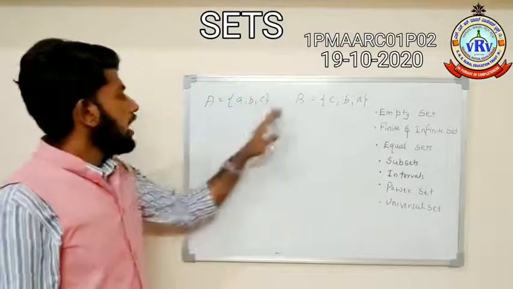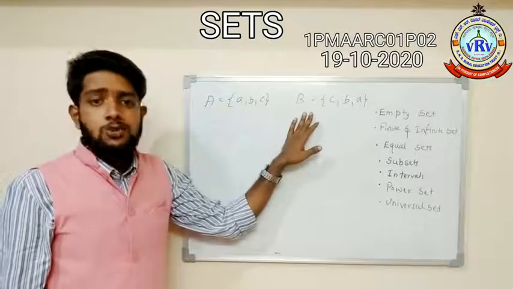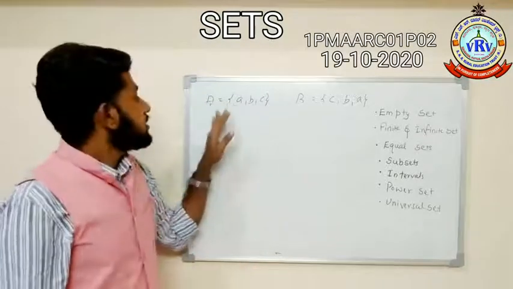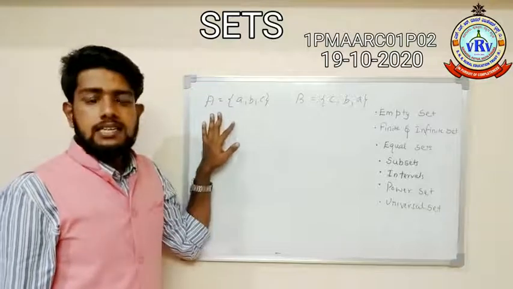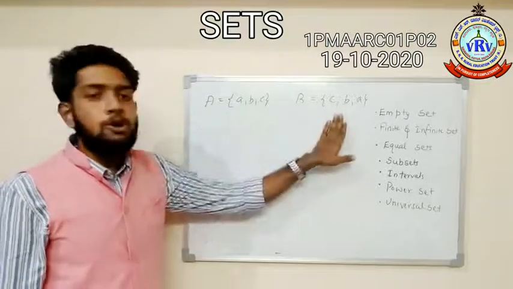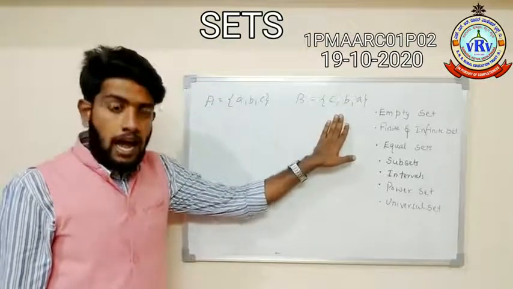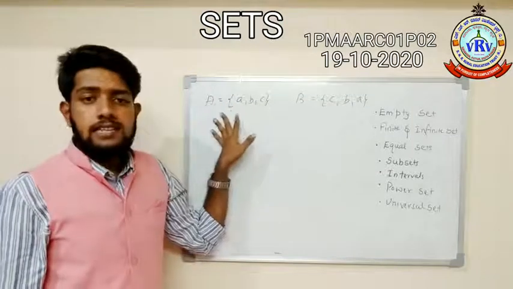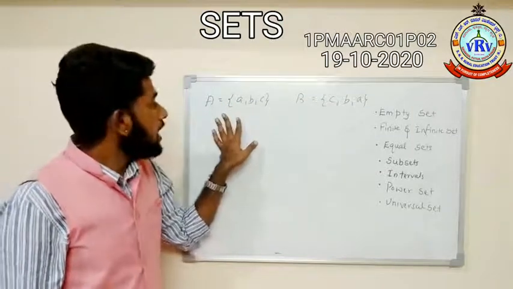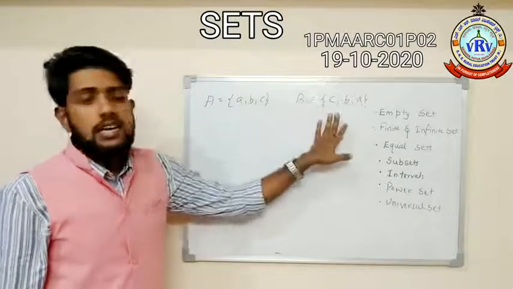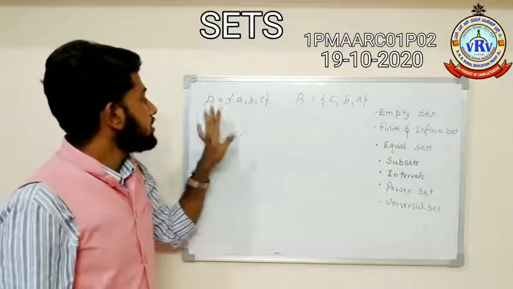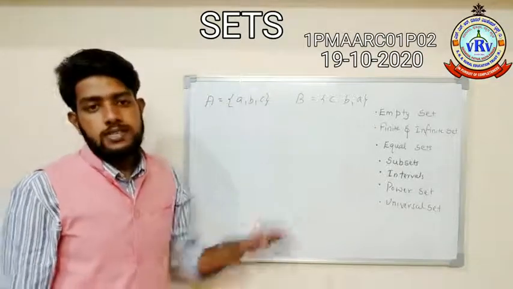Two sets A and B are said to be equal if the number of elements in set A is equal to the number of elements in set B, and all the elements in set A are exactly the same elements in set B. Then only set A is equal to set B.